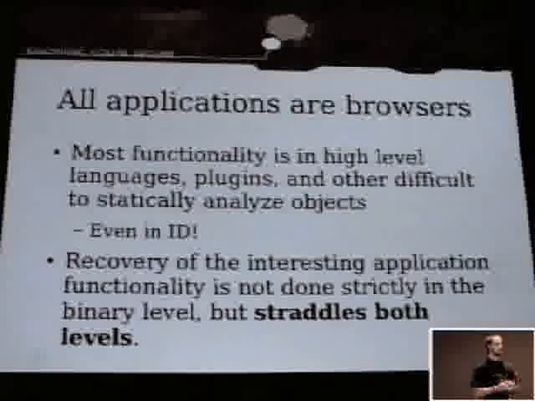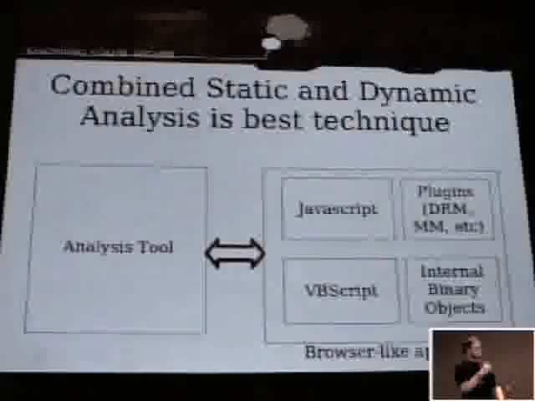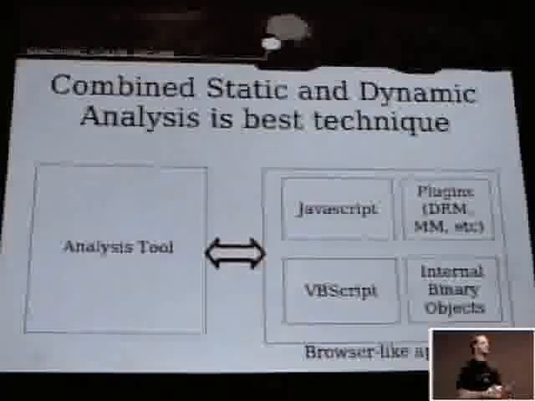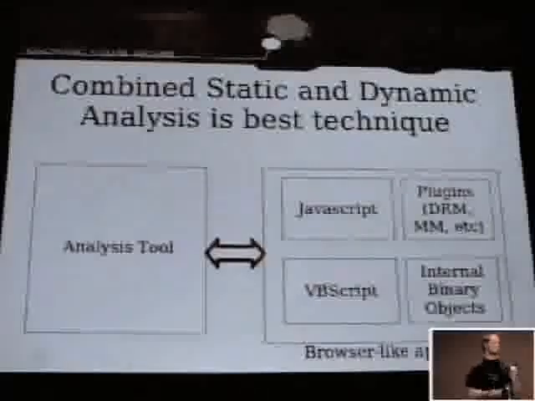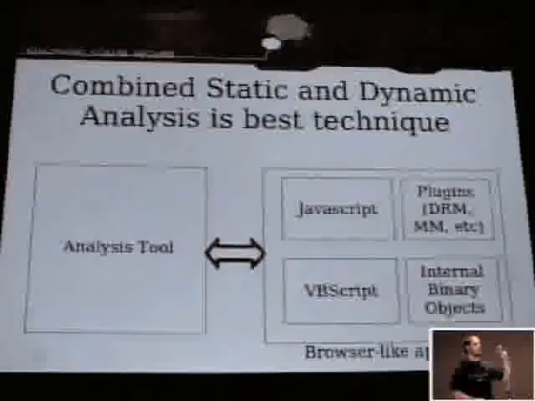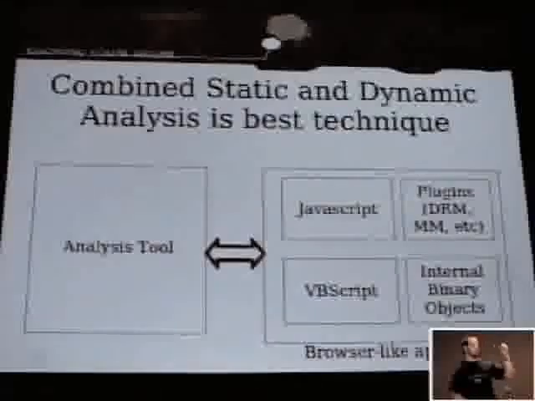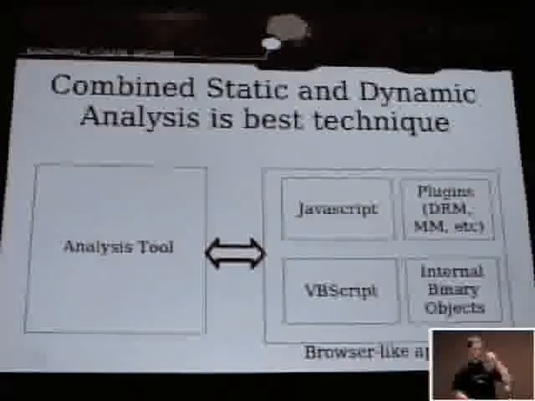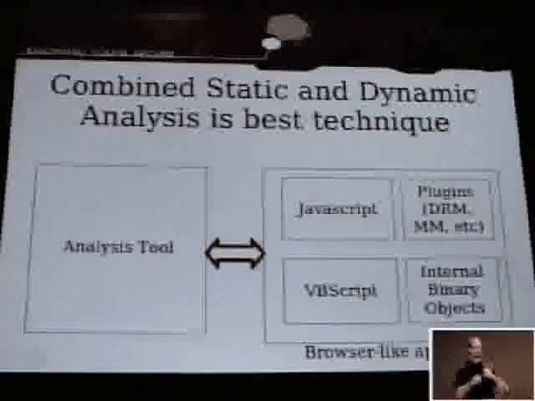The data flow is really complex inside. So we made this analysis tool that allows us to get inside the JavaScript core, the plugins, and the binary objects, so we can get information from each of these parts and mix them to build a really nice fuzzer.